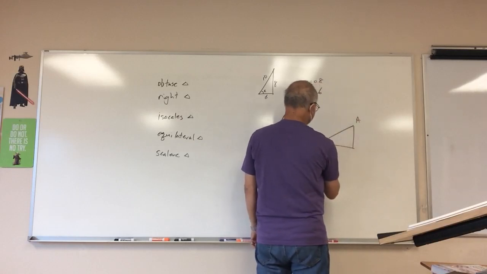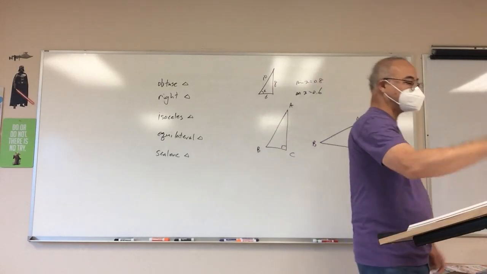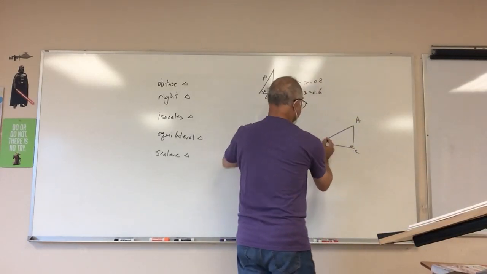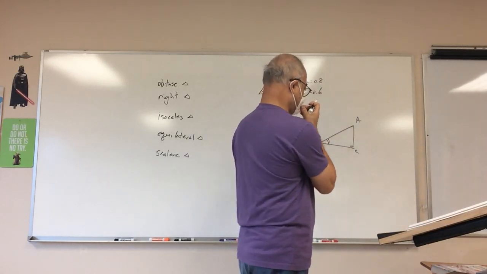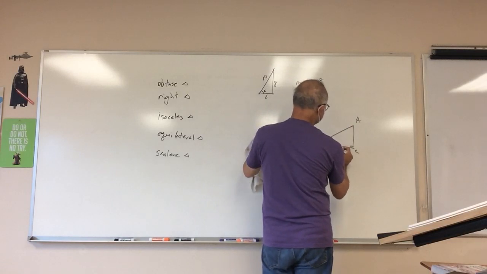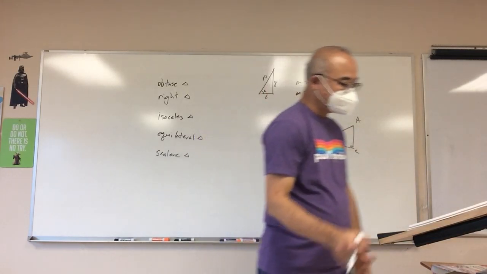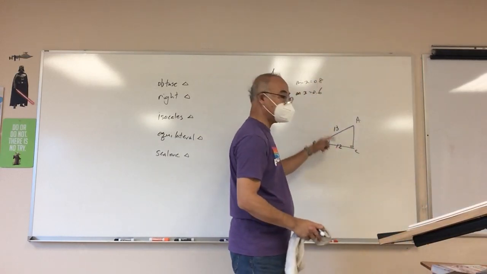A, B, C. Cosine of this angle is 12 over 13, which means that this guy here is 12, this guy here is 13. Right? That way it's 12 over 13.